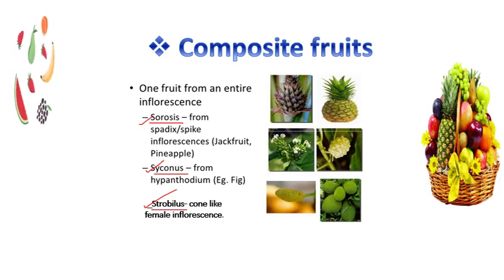Mulberry and pineapple are examples of Sorosis or composite Sorosis fruit. In this, the perianth leaves become fleshy and juicy, and they fuse to form a fleshy composite fruit.